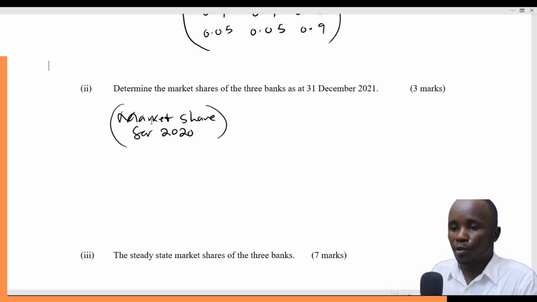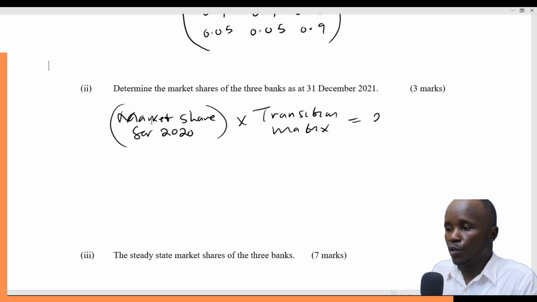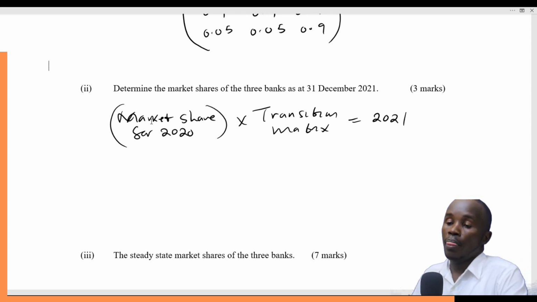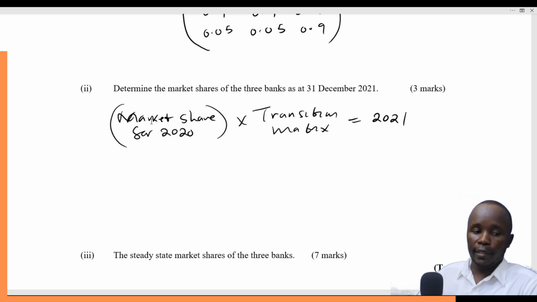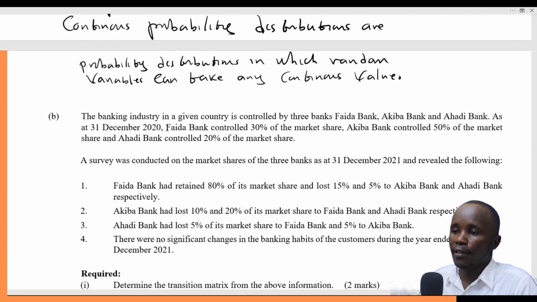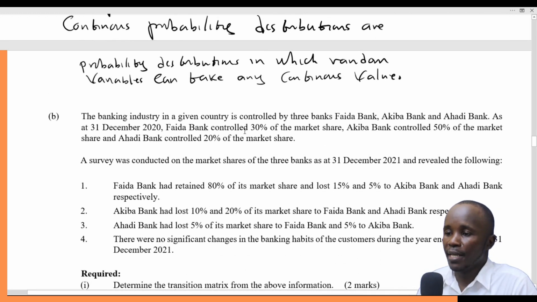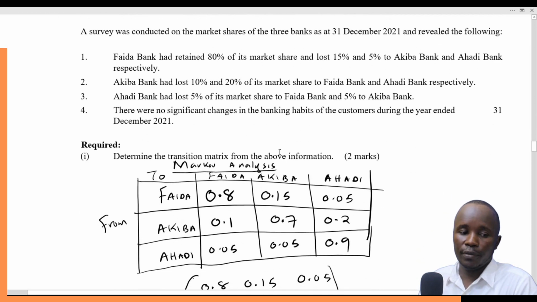This market share for 2020, we multiply it with our transition matrix, so that we can get the share for 2021. The statement reads clearly: 2020, 30% for Faida, 50% Akiba, and Ahadi had 20.